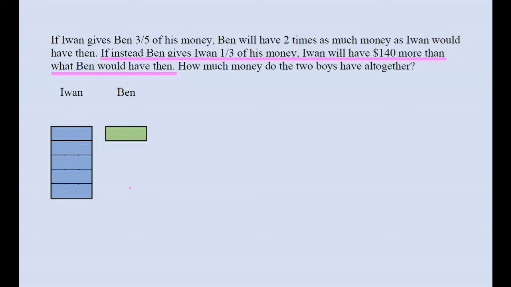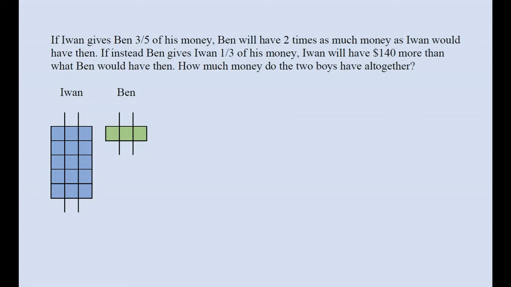The issue is I cannot find 1/3 of Ben's money very conveniently. However, I can do one thing. I can cut Ben's amount into 3 equal parts like so, and then give 1 piece to Ivan and see what happens. And that's exactly what I'm going to do.